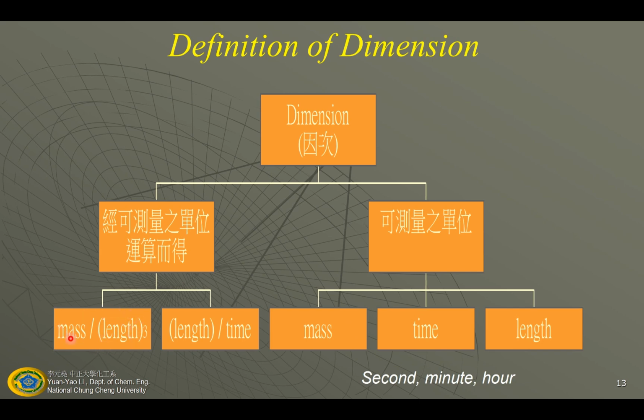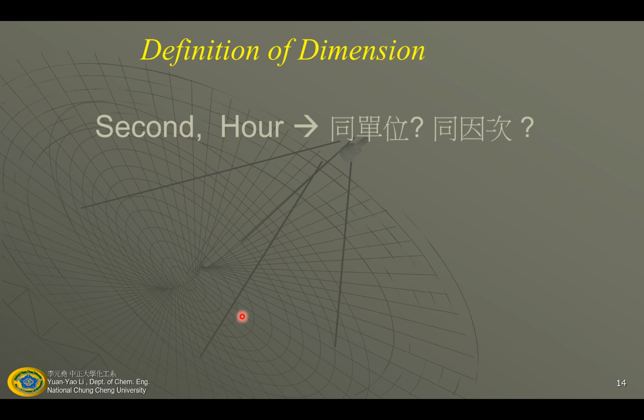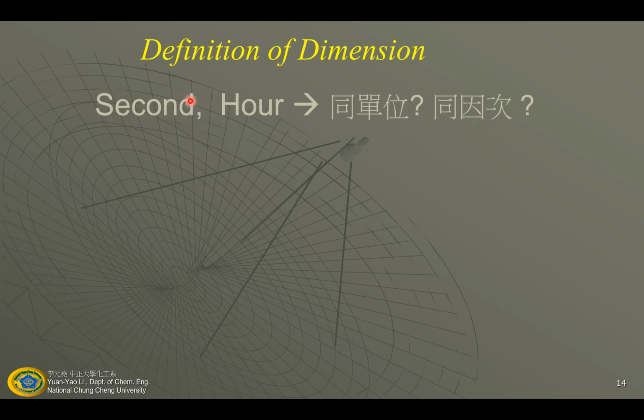This is density, right? Okay? And length divided by time. This is speed. This also can be regarded as a dimension. Density can be regarded as a dimension, right? Speed can be regarded as a dimension. Okay, so the definition of dimension is this.